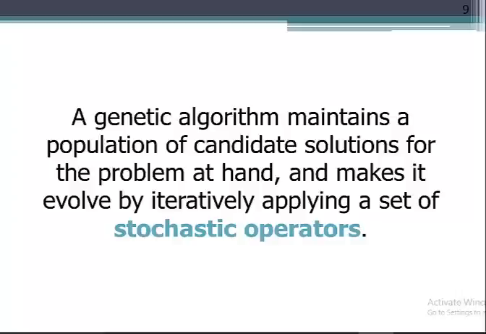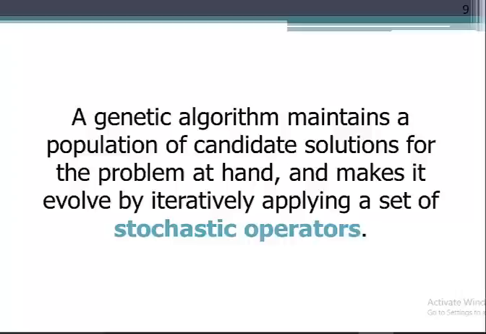It is an iterative process, and at every iteration, it maintains a set of candidate solutions, calculates their fitness on the basis of the fitness function or objective function, and only fit solutions will be considered for applying the sophisticated operators. By sophisticated operators, we mean the crossover and mutation operators, which I have explained in the previous slide. And the process will continue until we find the best optimal solution. So that was basically what our genetic algorithm does and what our genetic algorithm is.